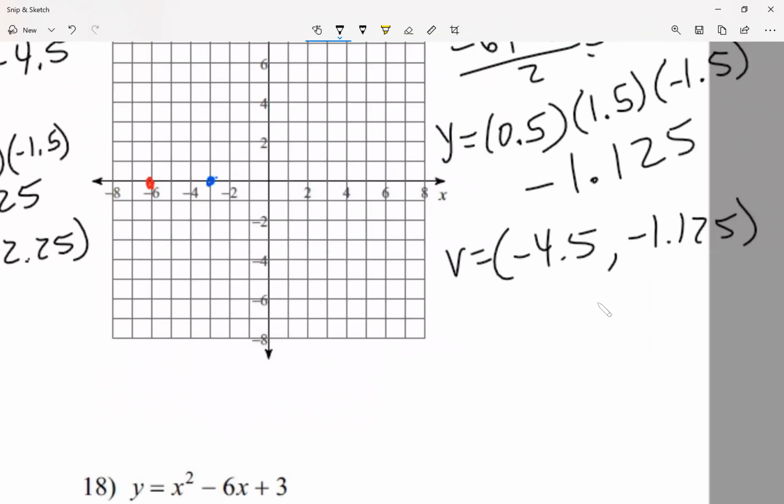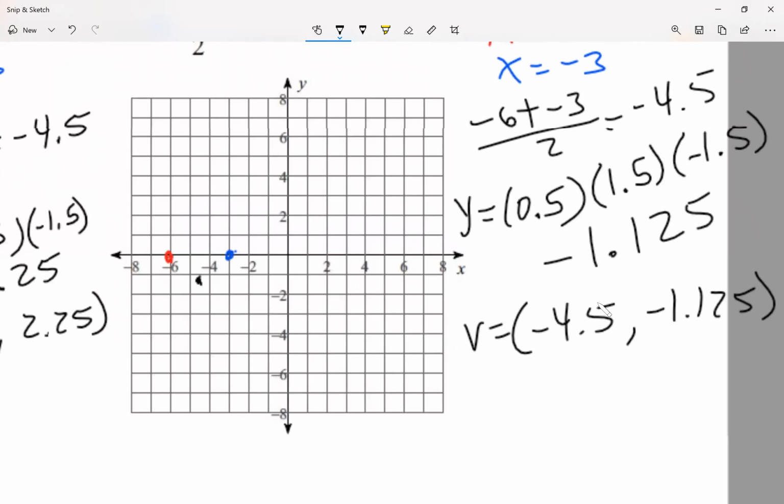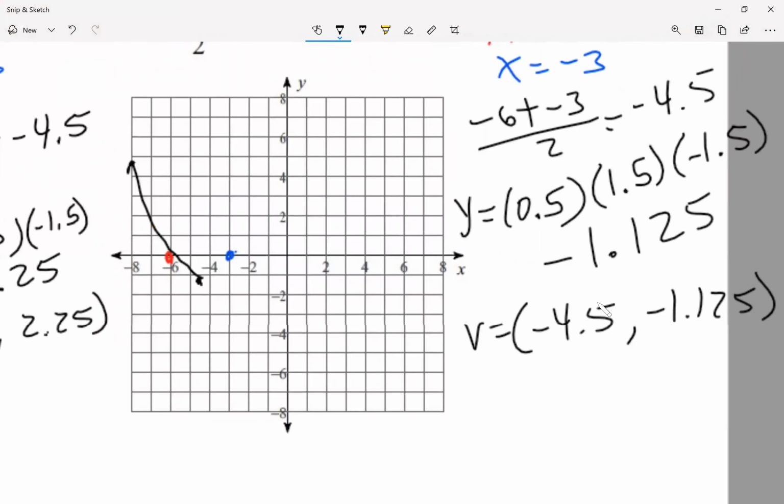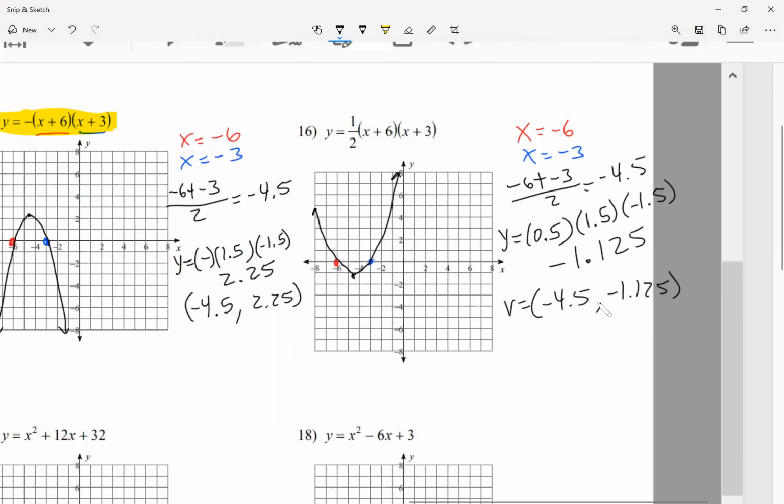So that's going to be, let's see, about there. A little closer, but that's what I got. So I'm going to put it right there. And then I'm going to say, all right, let me connect these. To the left, that's where it goes. All right, so vertex form was not that bad.